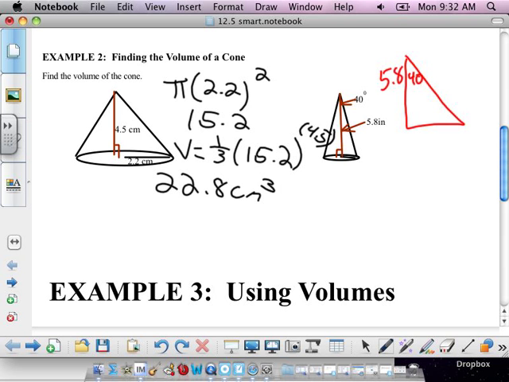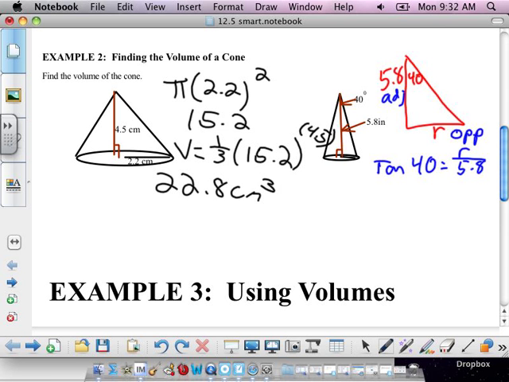So what am I going to use to find my radius? SOHCAHTOA? Yeah. Trig functions. So right here is my radius. Radius is opposite. 5.8 is adjacent. So I'm going to use tan of 40 equals opposite over adjacent.